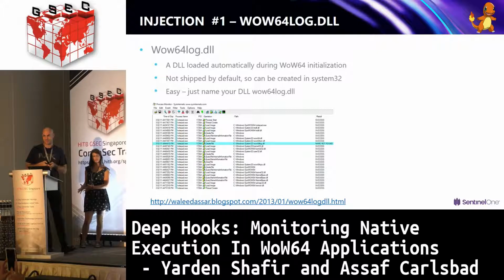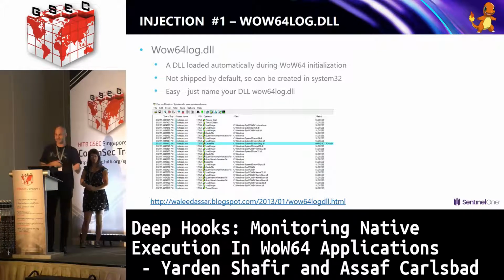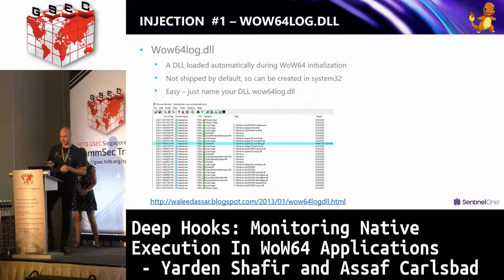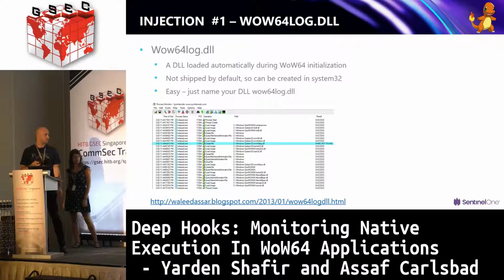The way we do this is by simply creating our DLL, renaming it to wow64log, making it export a specific well-defined set of functions, and then just dropping it to the system32 directory. And once we have done so, our DLL will be magically loaded into every new WoW64 process in the system, and thus we've gained our code injection capabilities. So, to summarize, a really easy and straightforward DLL hijacking technique.